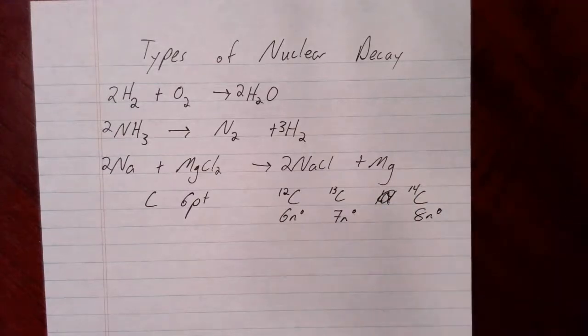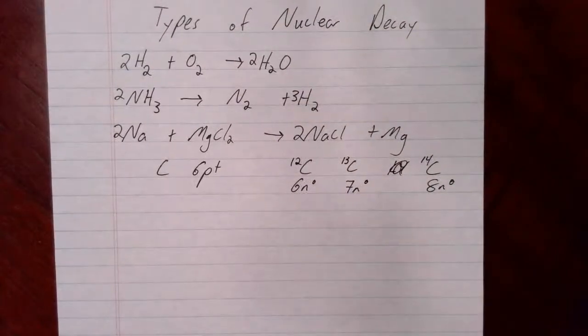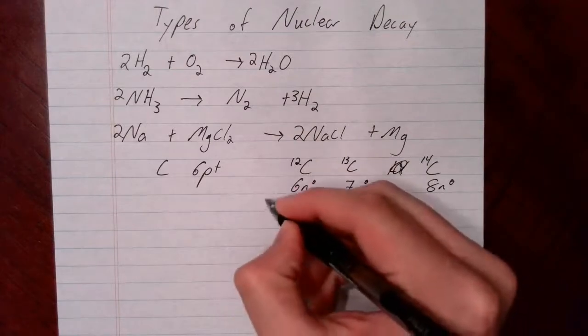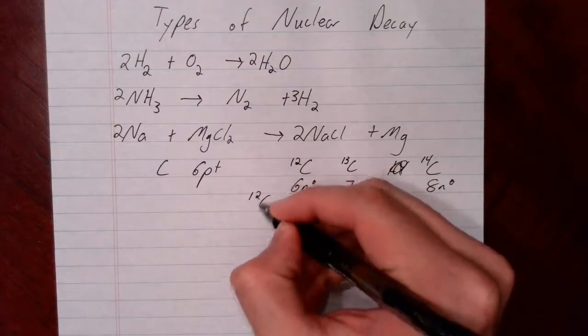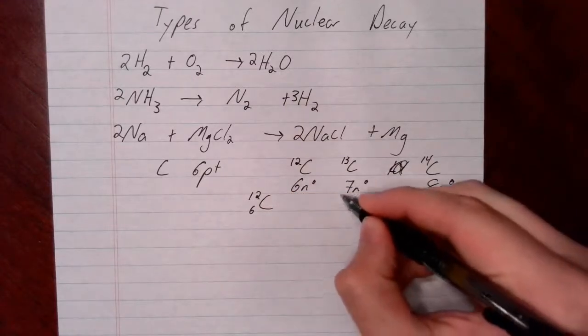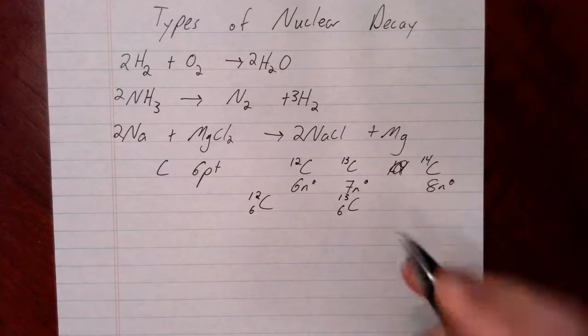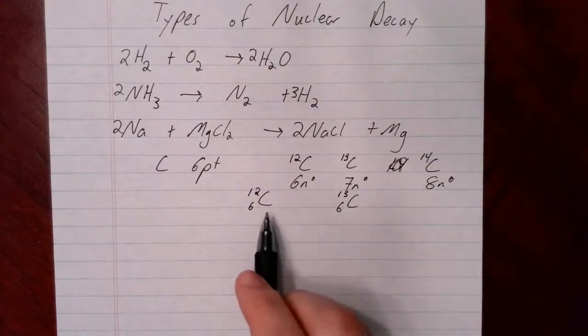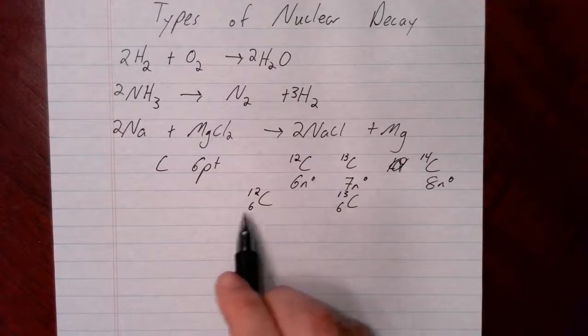One other thing we want to point out before we get started about the nuclear symbols is that this is the standard way to write carbon 12, but it's also common to write it like this, where 6 is the atomic number. We often leave that 6 off because what element it is tells us the atomic number.